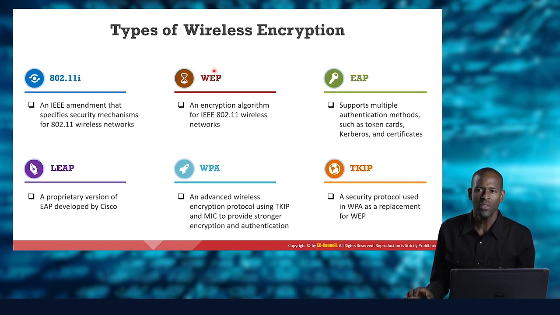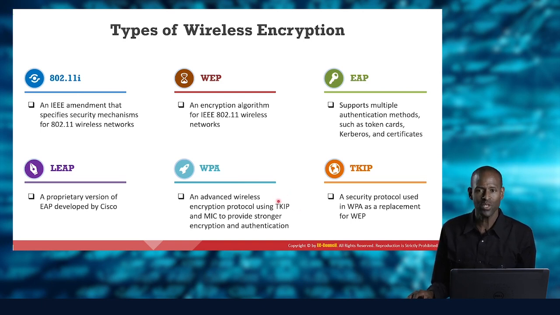And so next came EAP, the Extensible Authentication Protocol, that has many different ways to extend authentication. And that came along with WPA and implementations of EAP like LEAP by Cisco that helped to make Wi-Fi more secure. One of the things about WPA is the use of TKIP, which is Temporal Key Integrity Protocol. Temporal key.